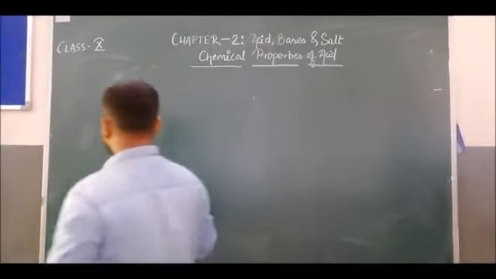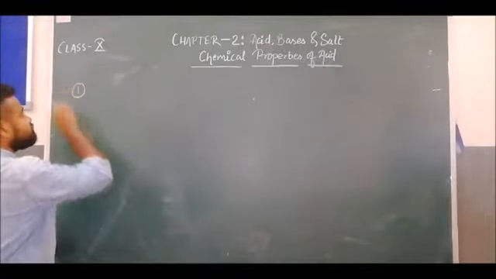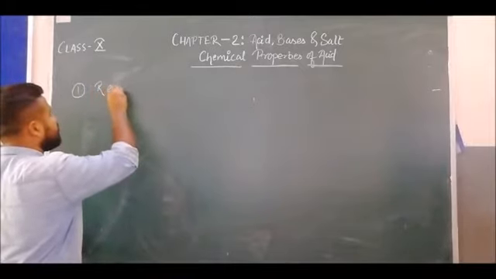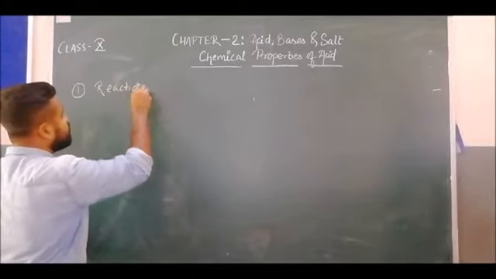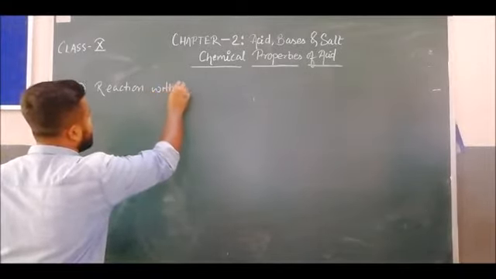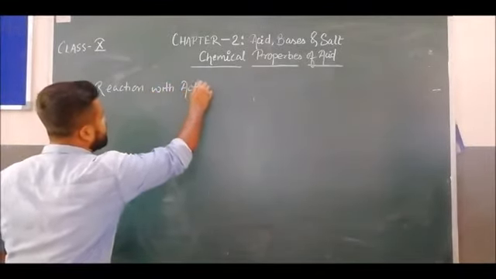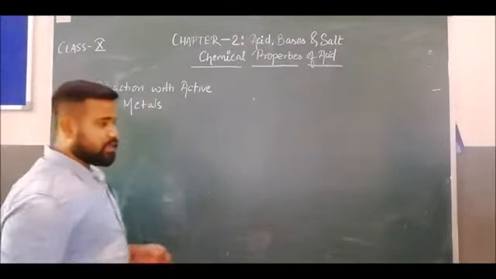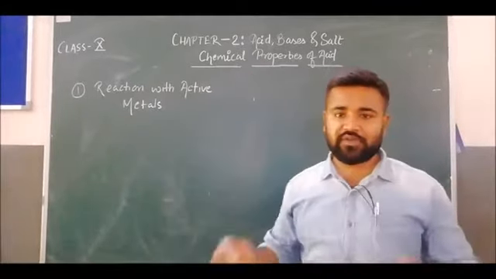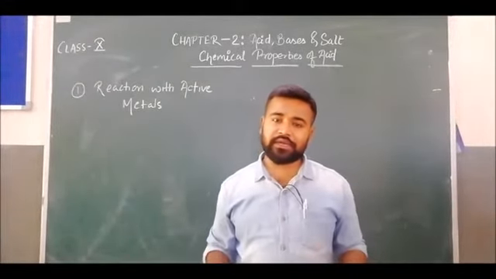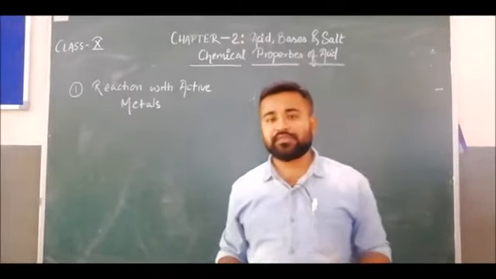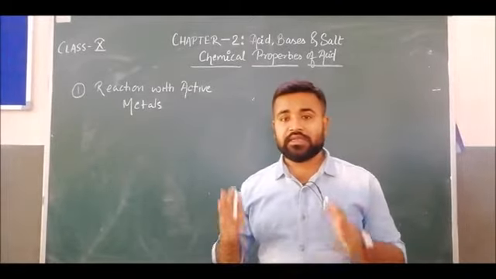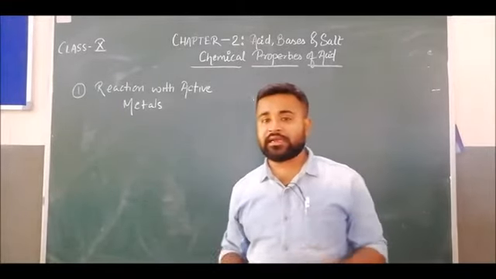Number one, reaction with active metals. In the previous chapter, chapter 1, we already studied the reactivity series. In the reactivity series, the metals are arranged in decreasing order of their reactivity.